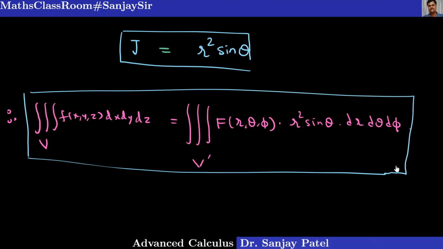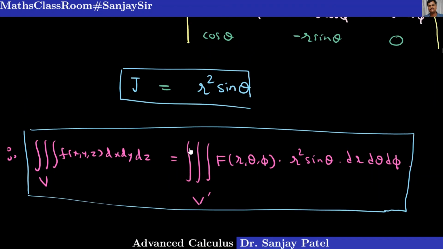So in this lecture, we have seen how one can transform double and triple integrals into an arbitrary system, and also seen some special cases for the known coordinate systems like polar coordinates, spherical coordinates and cylindrical coordinate system.